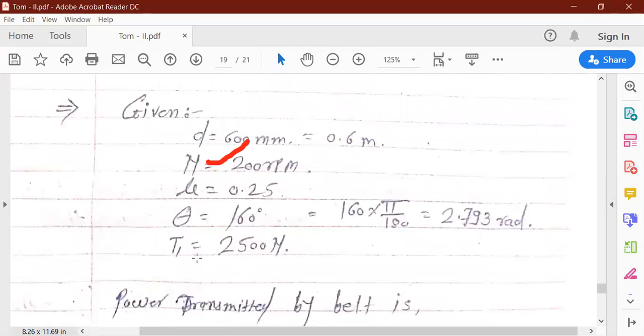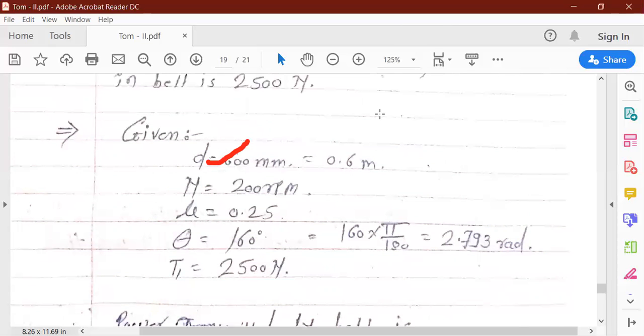Also given is that the maximum tension in the belt is 2500 Newton. For maximum tension, we always consider that the tension on the tight side is T1 and that is the maximum tension. That's why the value of T1 is given as 2500 Newton. And we have to find out the power.